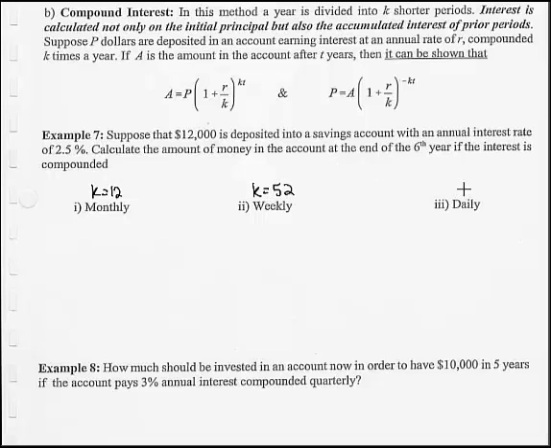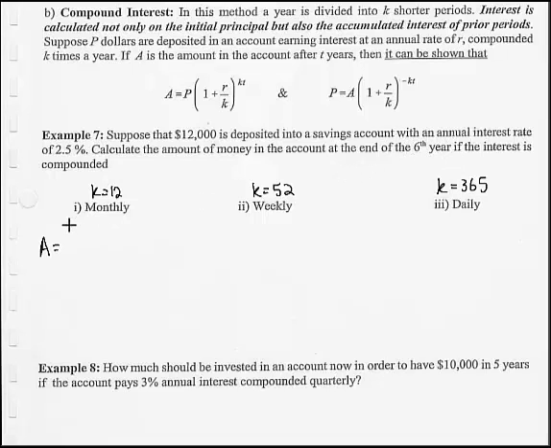And daily is 365. Same problem as before. 12,000. The annual interest rate is still 2.5%, and we want to know what the amount is at the end of the 6 years.